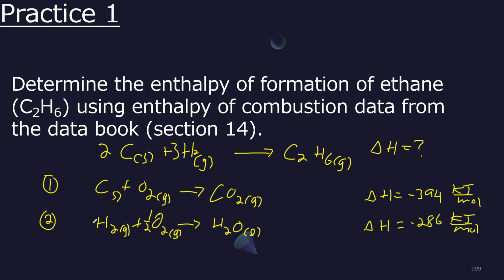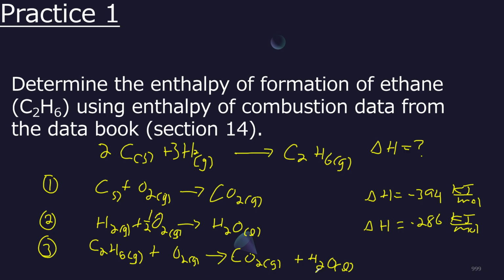Okay, so we can see we have a good start here, but we need C2H6 in an equation as well. So there is the combustion of that as well. We can label that equation 3. Combust ethane, C2H6 gas, plus O2 goes to CO2 and water. And then balance this.